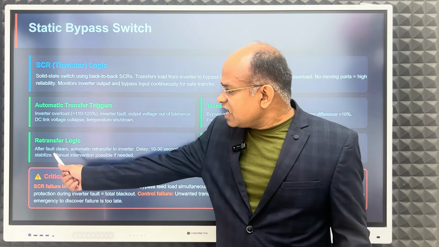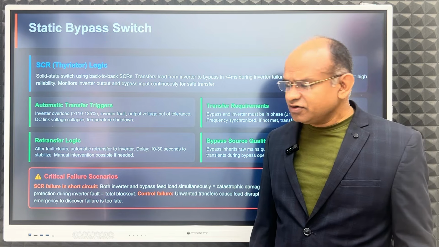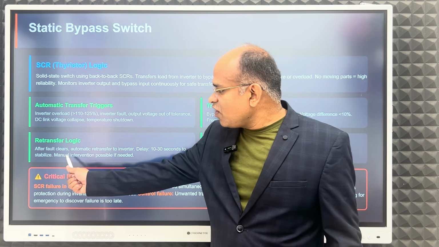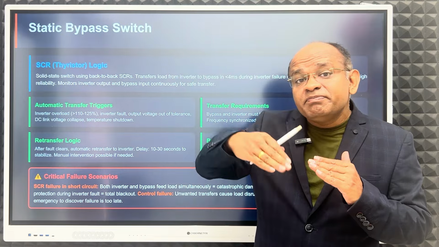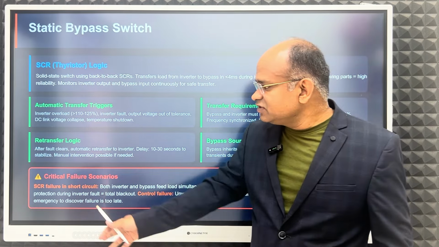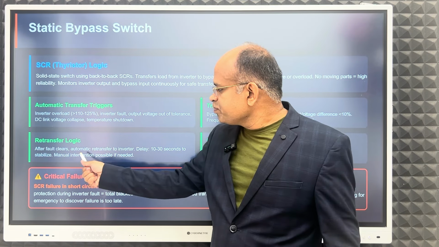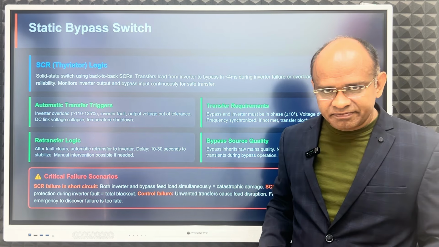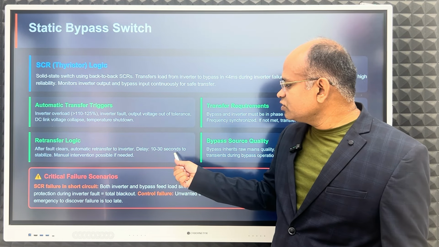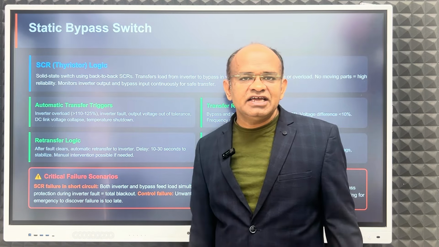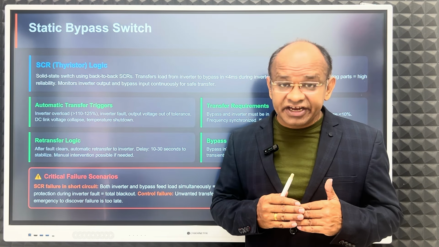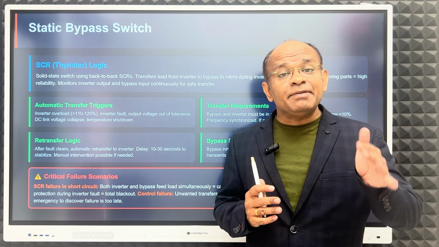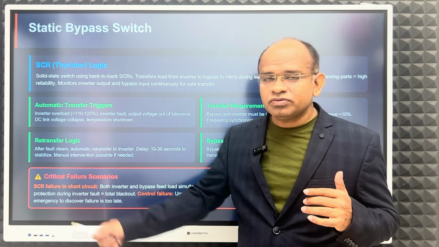Now the transfer logic after the fault clears. How will the bypass be transferred back to the inverter? If the fault is clear, there is an automatic transfer to the inverter, with a delay of 10 to 30 seconds to stabilize. We will wait 10 to 30 seconds; if anything happens, it will happen within this window.